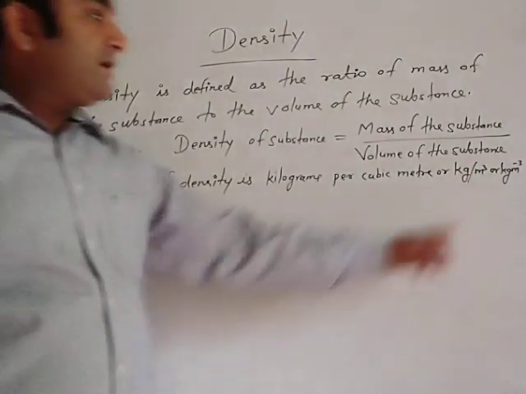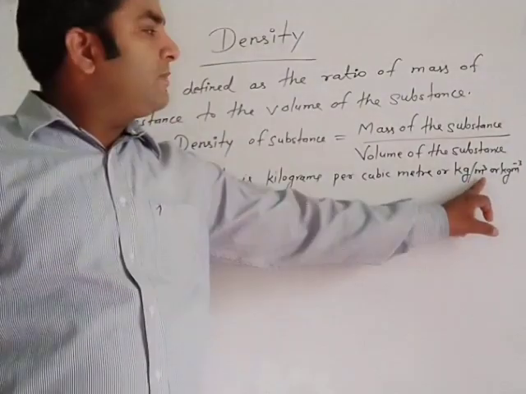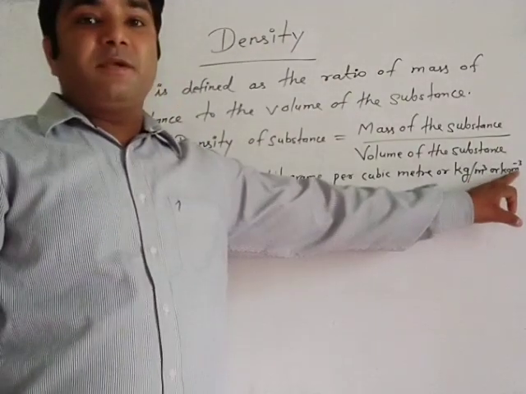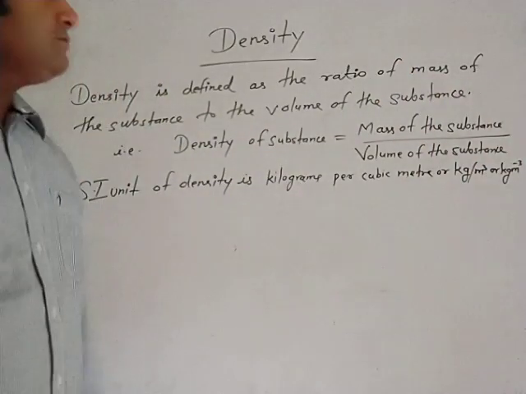In any way we can write it as kg per meter cube or kg meter power minus 3.